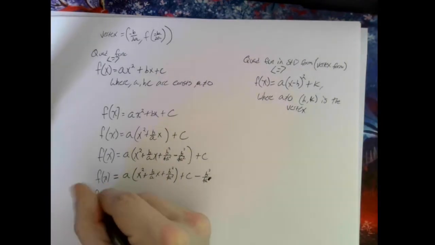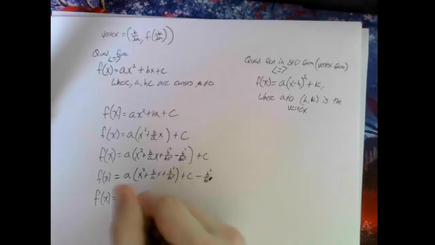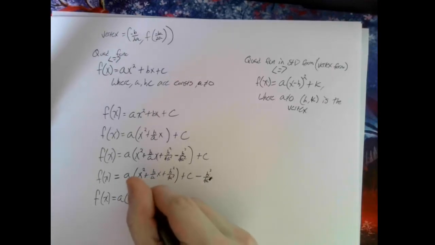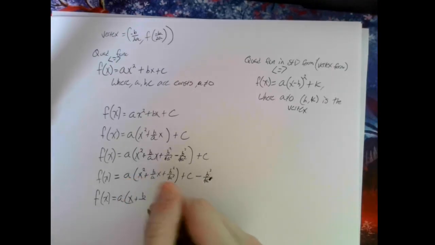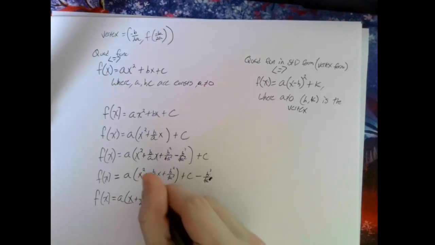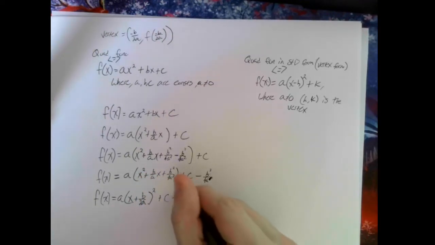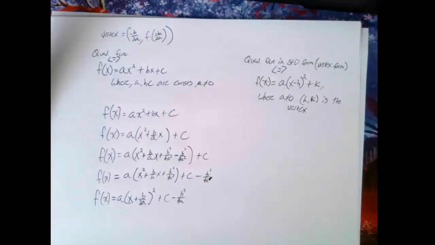So from here, we have f of x equals a times (x plus b over 2a) squared plus c minus b squared over 4a, continuing completing the square.